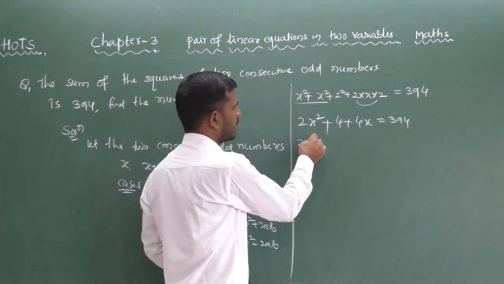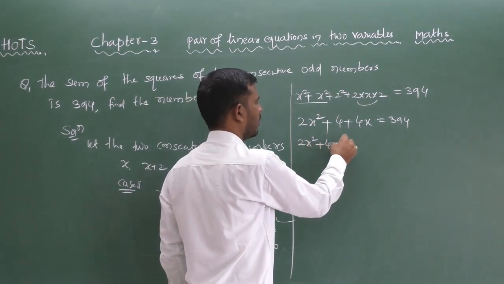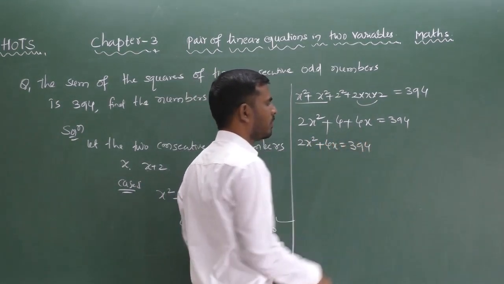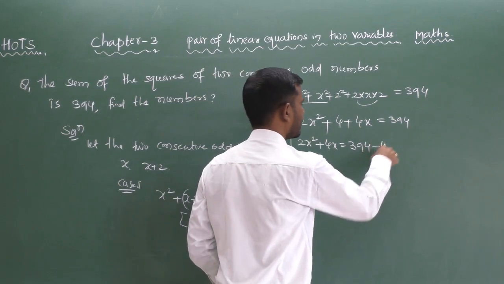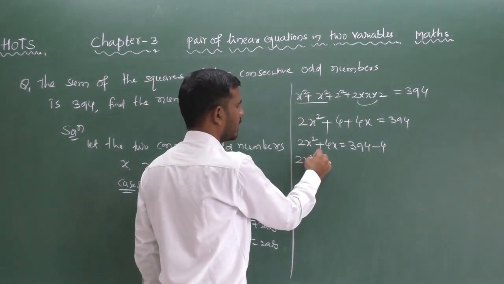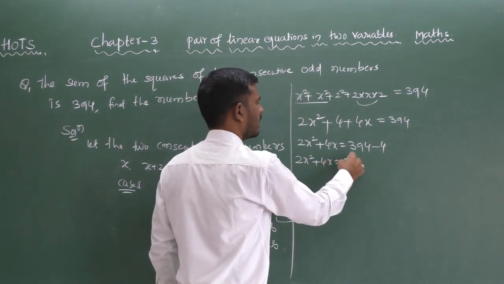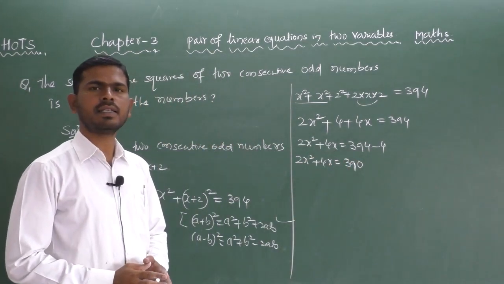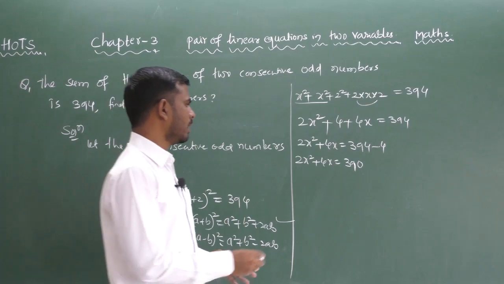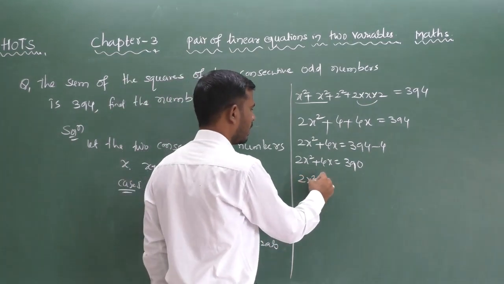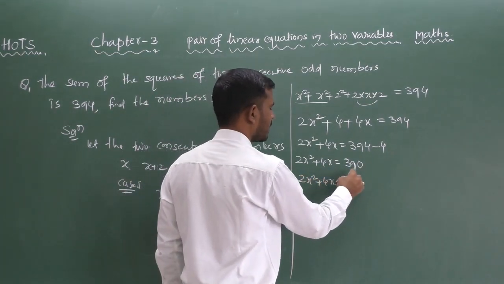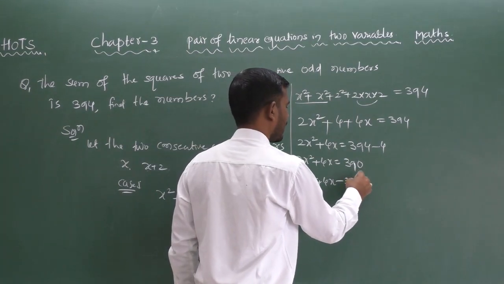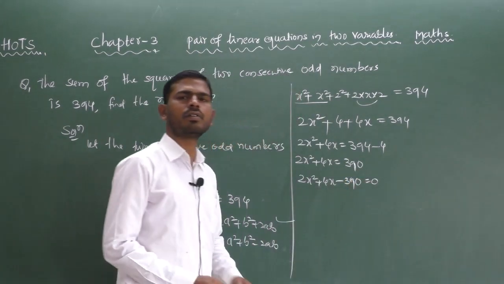Next step is 2x square plus 4x, 394 plus 4 means it will become minus 4. Next step we can write 2x square plus 4x, 394 minus 4 is equal to 390. Next 2x square plus 4x minus 390 is equal to 0.